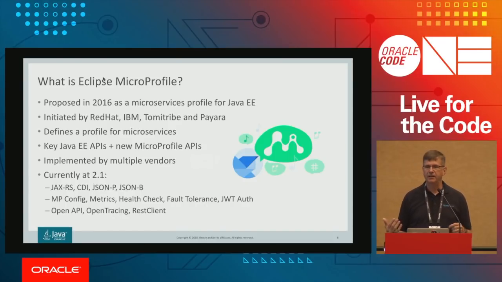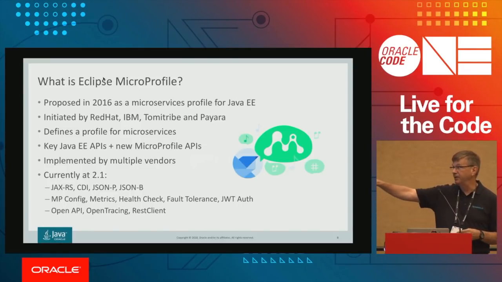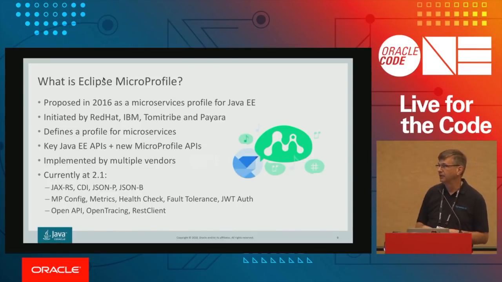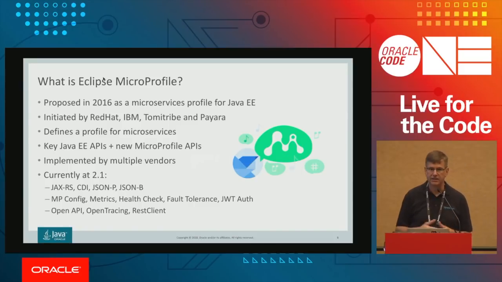It initially announced some key Java EE APIs to use as a smaller profile of Java EE. But in the 2 years since then, the MicroProfile working group has come up with a number of additional specifications. And so you have those key Java APIs I mentioned in terms of JAX-RS, CDI, JSON support.